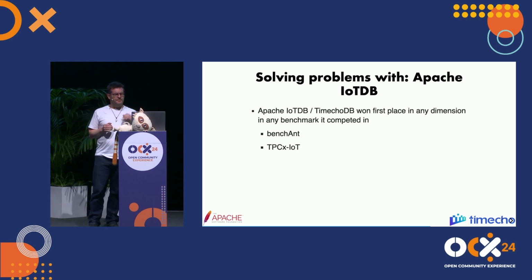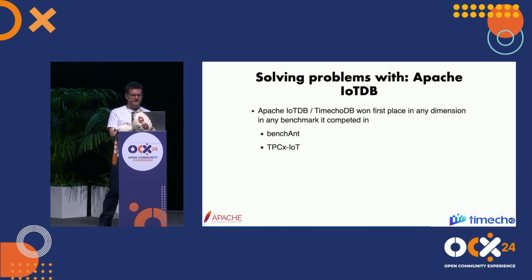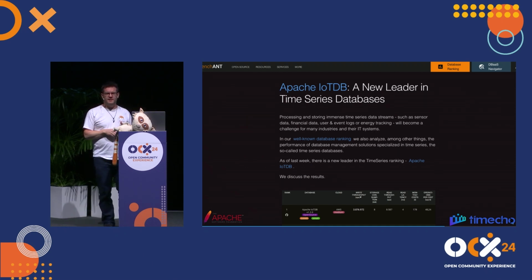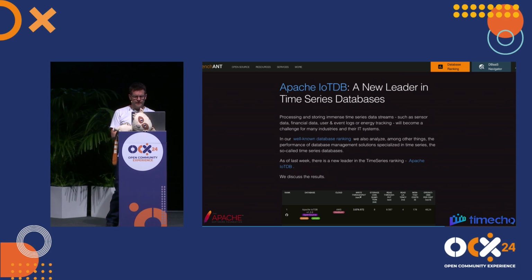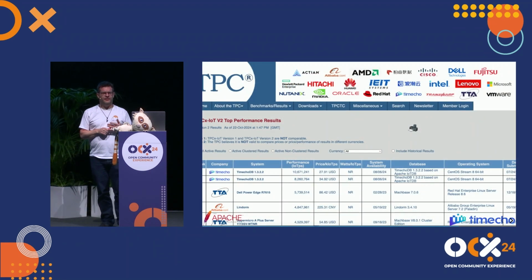And the TPCX IoT benchmark is a pretty new one that targets industrial IoT use cases. It doesn't matter which benchmark we're in, we always come out first place. Here's a short example. It doesn't matter which performance metric you search by or sort by, IoTDB always comes out first place. And what I found even more impressive was the results of the TPCX IoT benchmark.